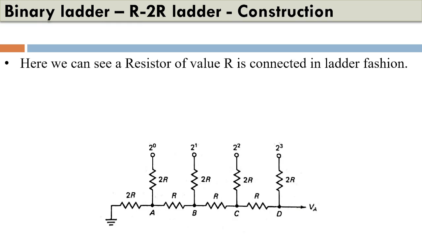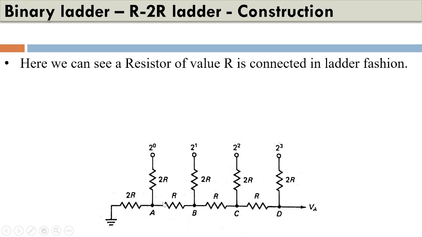So let's have a look at the construction of the R2R ladder network. Ladder networks are usually constructed in this fashion. You can see these are the digital inputs, 2 to the power 0, 1, 2, and 3, where the right hand side is the most significant bit and the left hand side is the least significant bit.